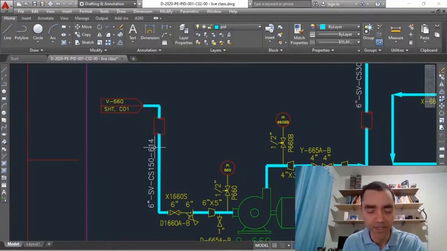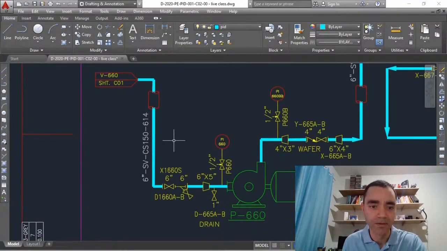And we have the size of the pipeline at the suction of the pump, and we know that because we have the tag or the numbering of the line here. In this case we have the nominal pipe size, the fluid code, the kind of material, and the sequential number.